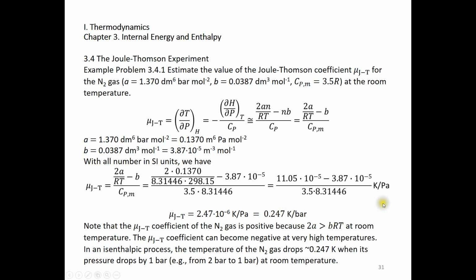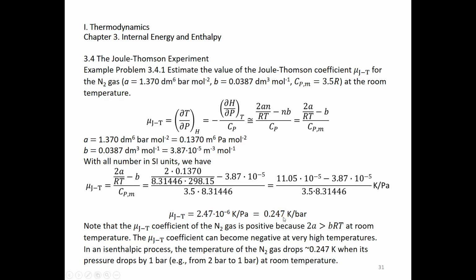Alright, so what does that mean? That means, well, if you increase the pressure of nitrogen under the isentropic condition, its temperature is going to go up by 0.247 Kelvin. What if you decrease the pressure of the nitrogen gas? The temperature will decrease.